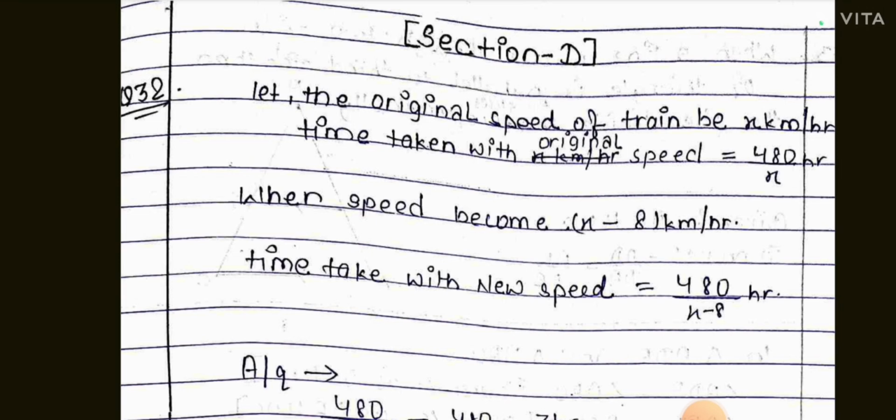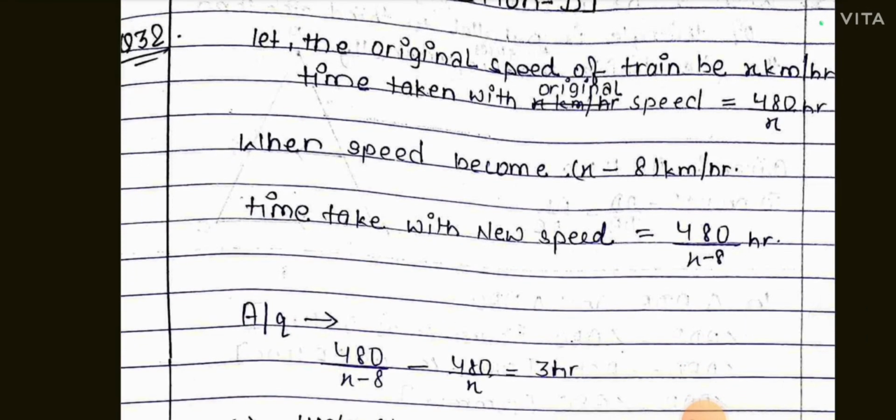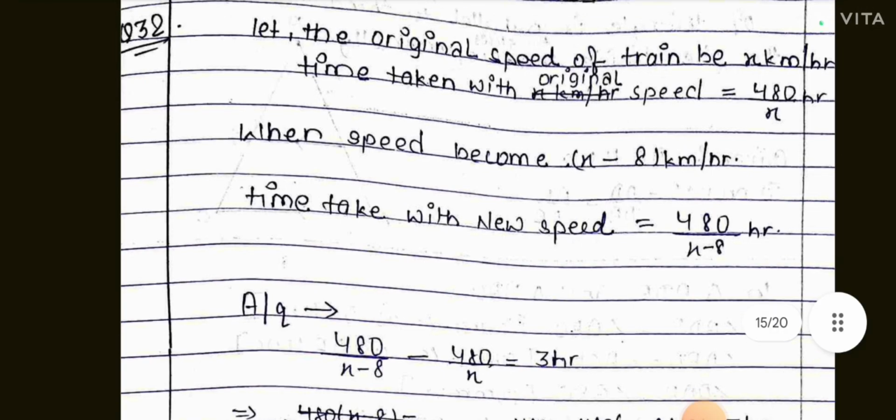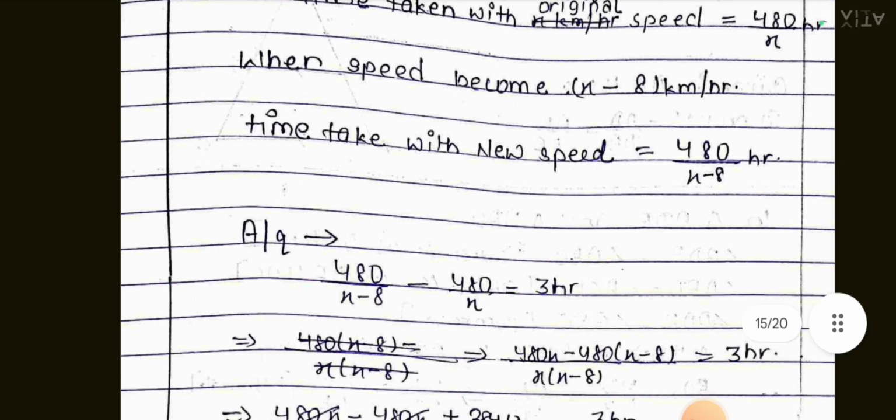Again the time will be 480 by x minus 8. It is the new time taken. The question says that it is 3 hours more. So 480 by x minus 8 minus 480 by x will be 3 hours. In this way we can find the answer.